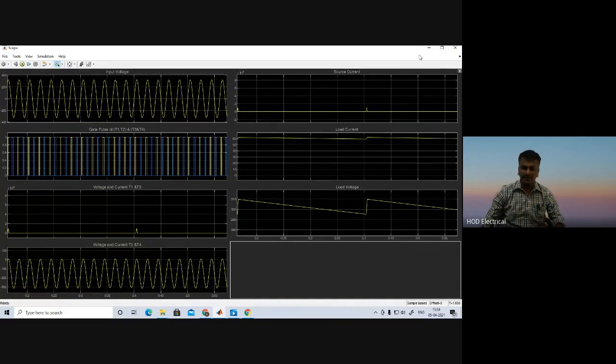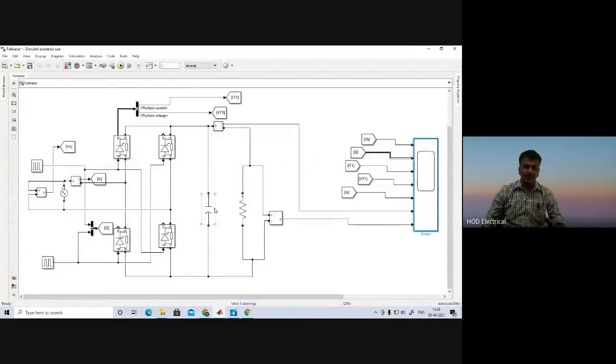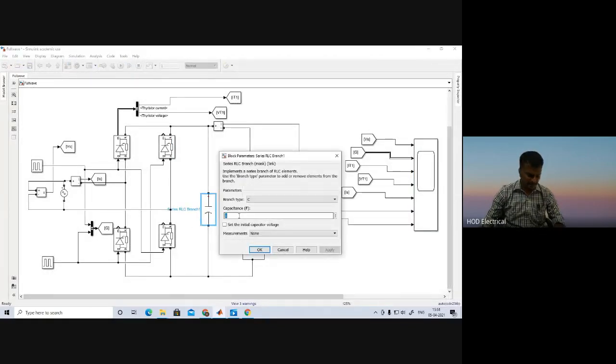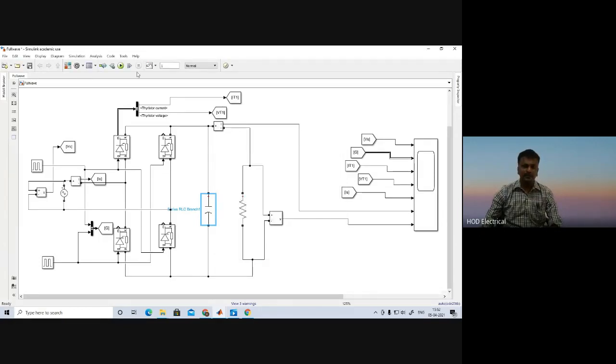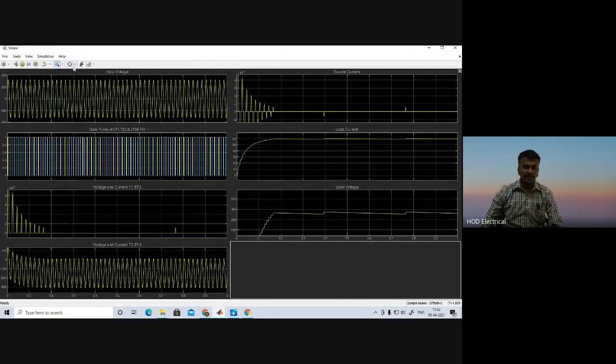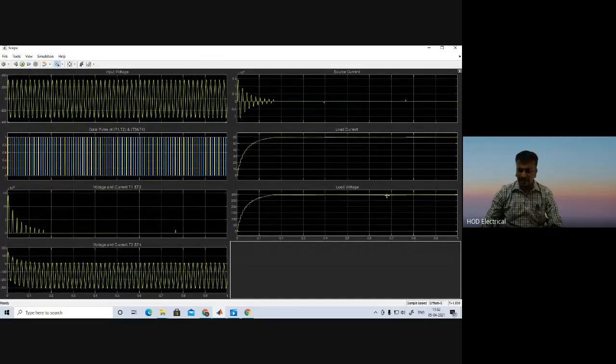If you keep increasing the capacitance to 2, then 3, then 5, and then 10 farad, the output voltage is a clear cut DC voltage. It will gradually increase and settle down at the maximum output voltage of 300.